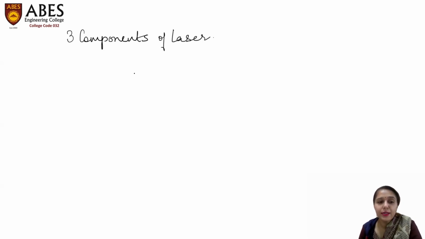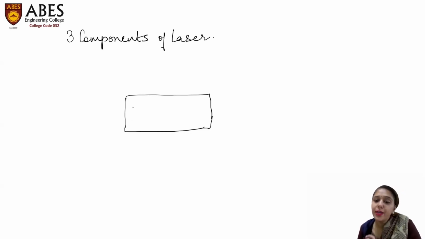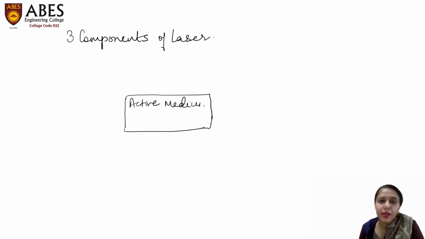So in this case, the 3 important parts are, first, the pumping source, or instead, let's start with the active medium. The active medium is the number of atoms, or ions, which need to be excited from the ground state to the excited state.